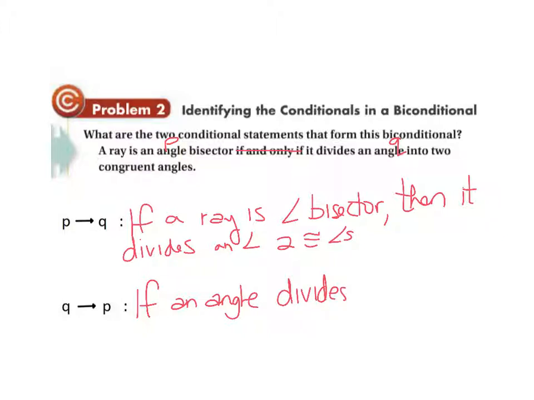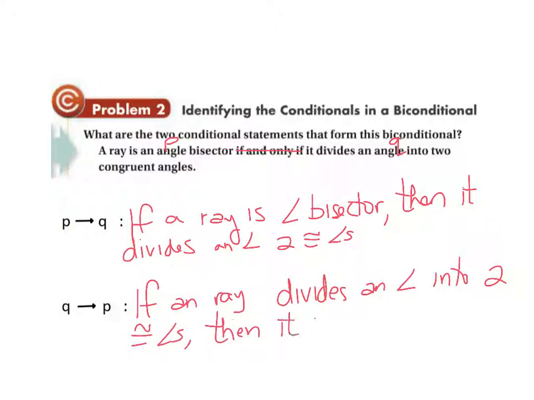If a ray divides an angle into two congruent angles, then it is an angle bisector.